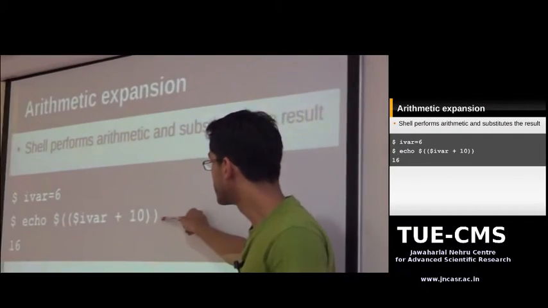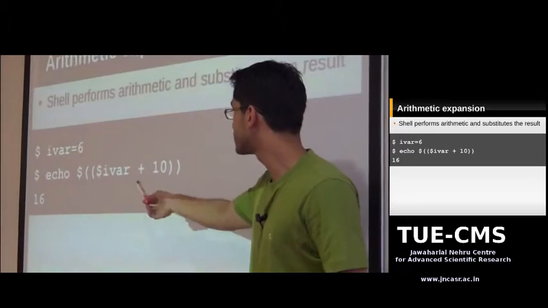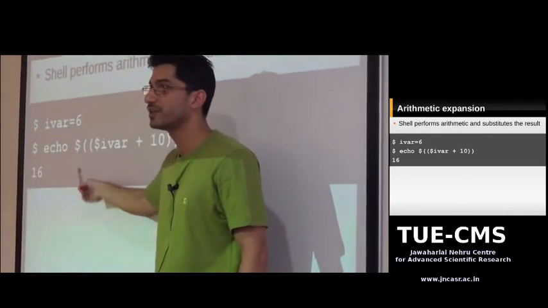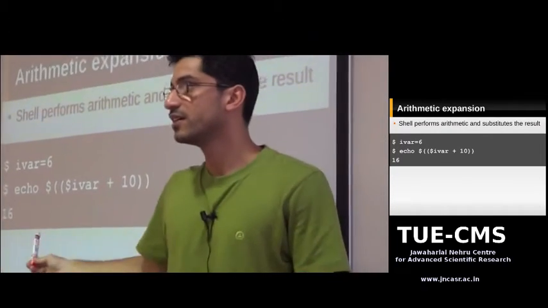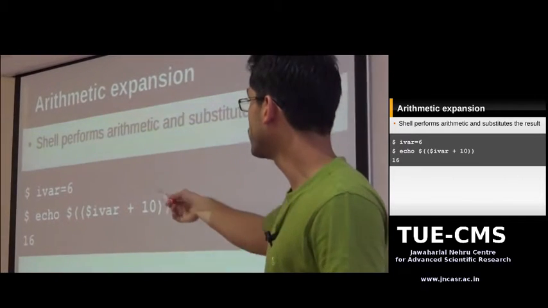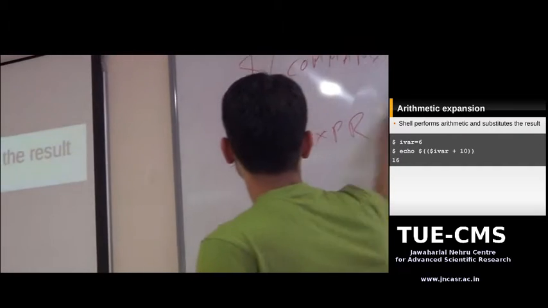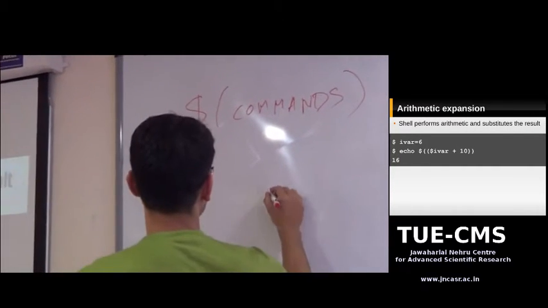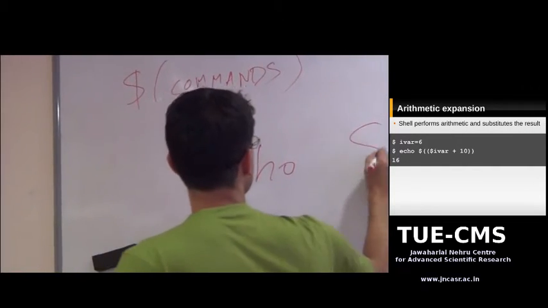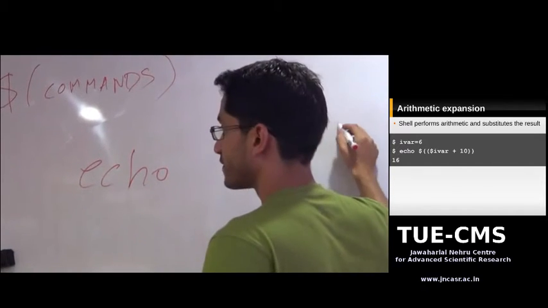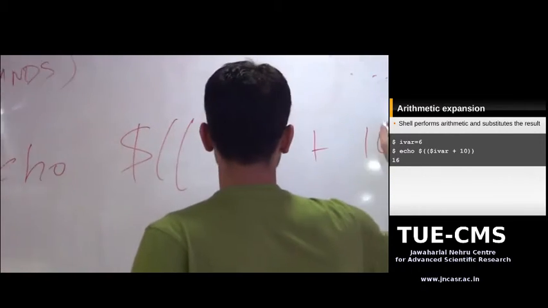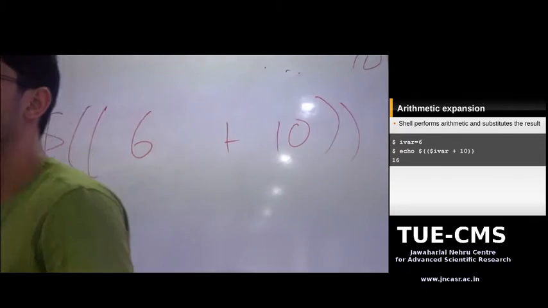Now the shell comes to this line and sees that there's a variable $ivar, a variable name. So it's going to expand it to the value of what it contains. So the effective line is echo 6 plus 10.